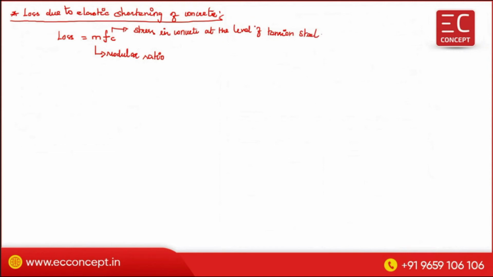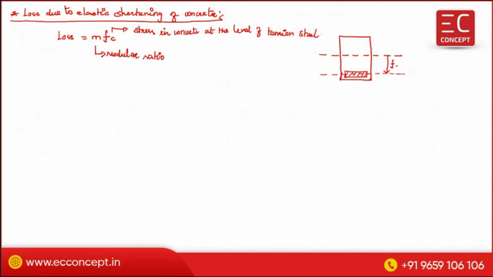Meaning, this is the concrete member, the section. This is your neutral axis. Somewhere here you have the center line of the steel bar. The fc is calculated in the concrete up to this center point of steel.